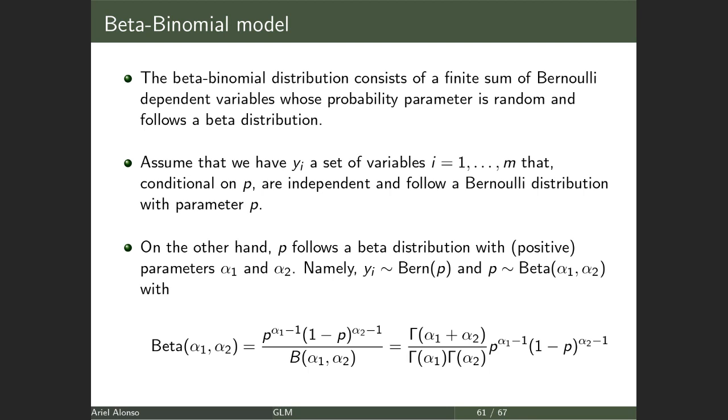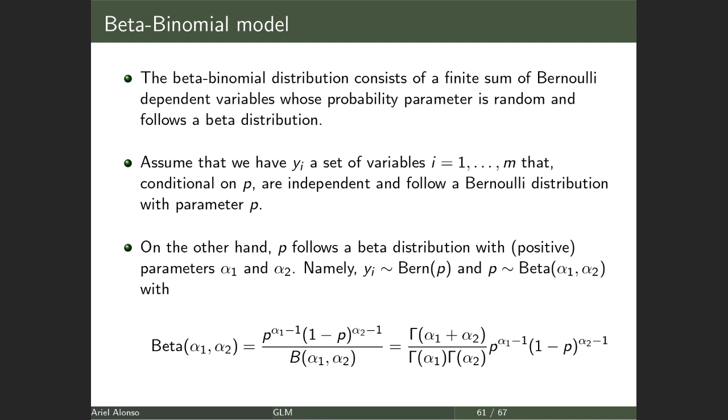So you remember the binomial model is a sum of independent Bernoulli variables, right? But they need to be independent. The beta binomial model is what you get when you sum Bernoulli variables that are dependent, and their individual probability is itself random. So for the binomial model, you have independent Bernoulli variables x1, x2, xm.